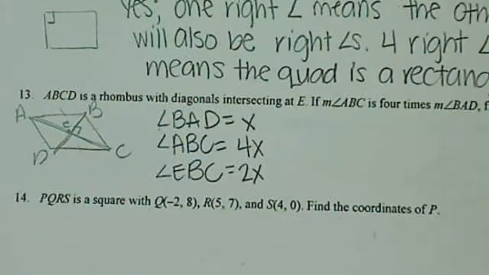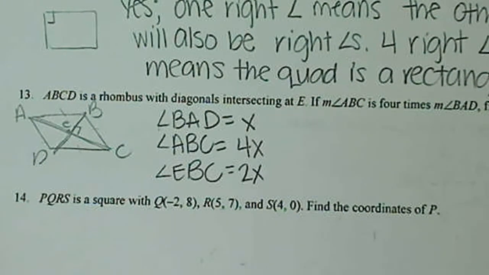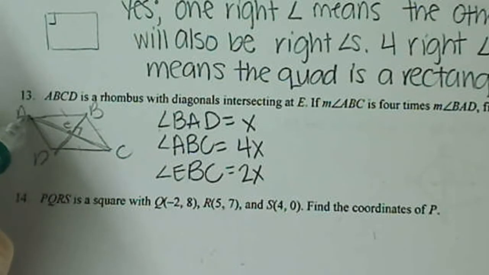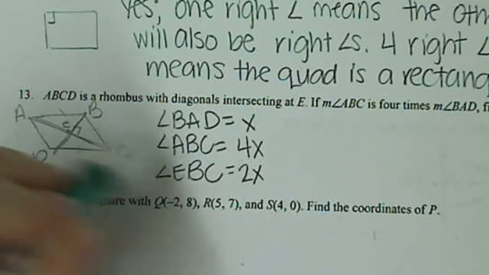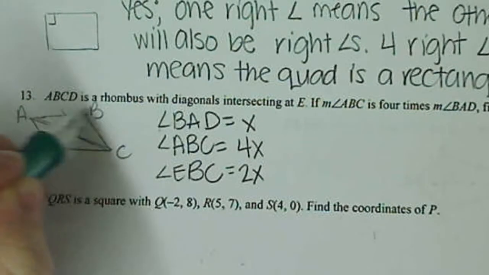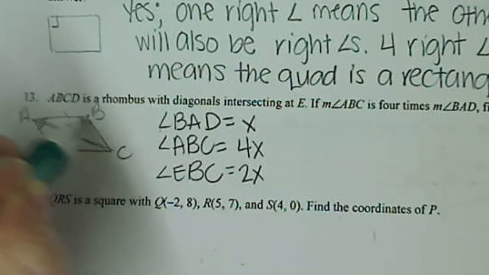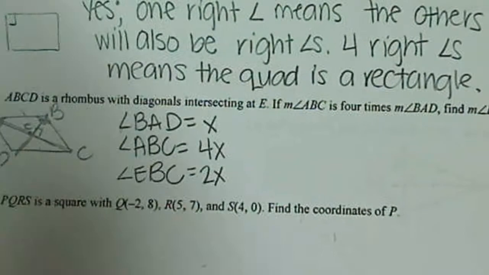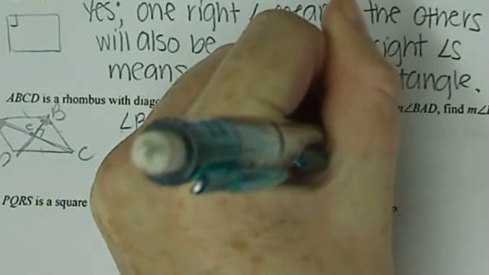Okay? Well, that's great, but we want to know actually how many degrees. So we need to look at ABC, 4x, and BAD. So I have this angle and this angle. They are supplementary. So x plus 4x equals 180.